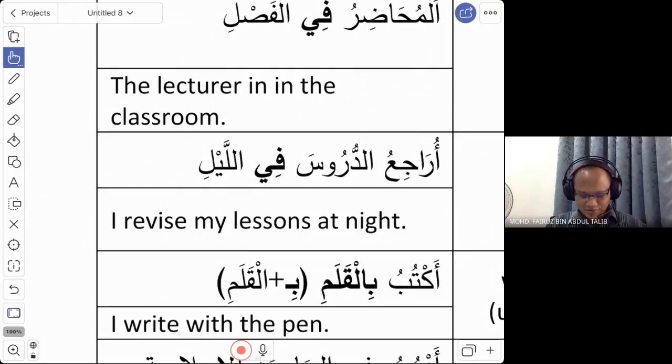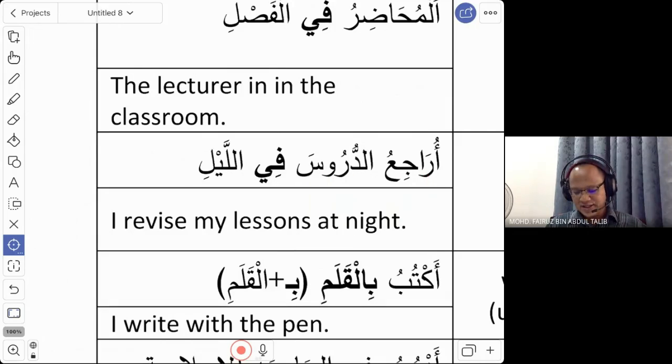For example, when you say uraji'u ad-durusa, uraji'u ad-durusa. This phrase we have also learned, when we talk about your activities. Uraji'u ad-durus, I revise the lessons. So I do my revision.